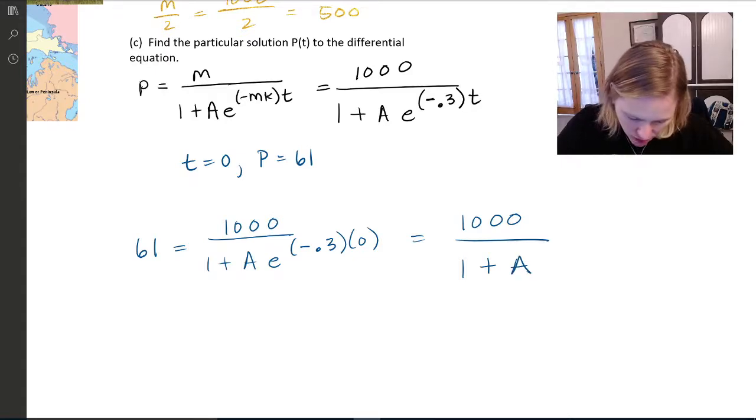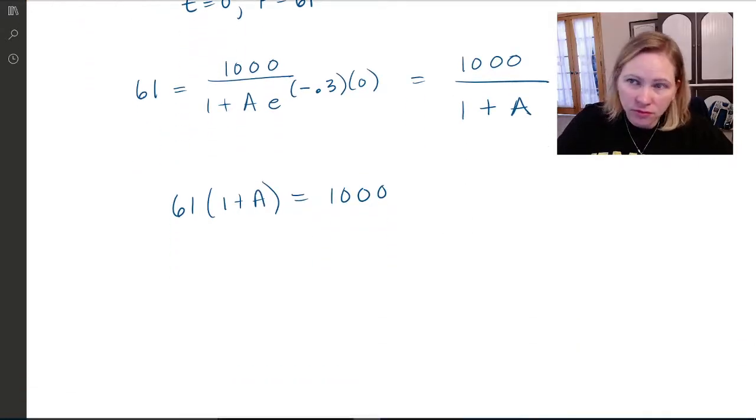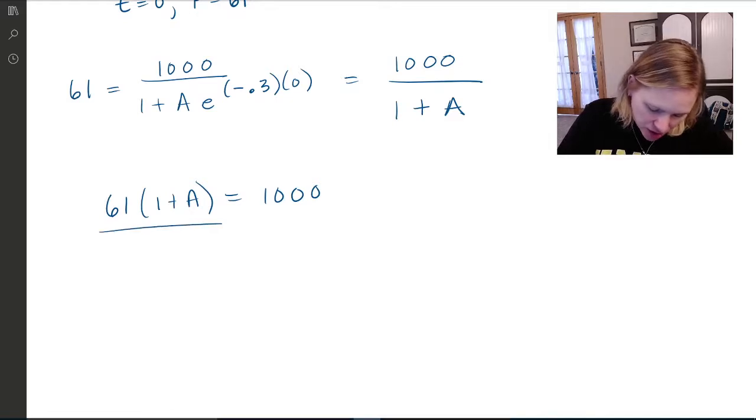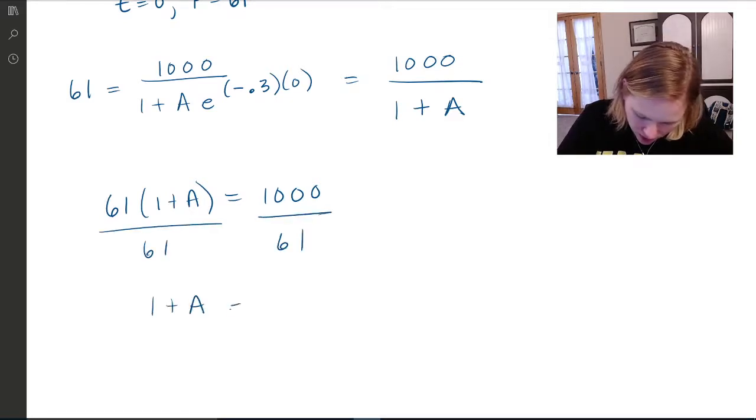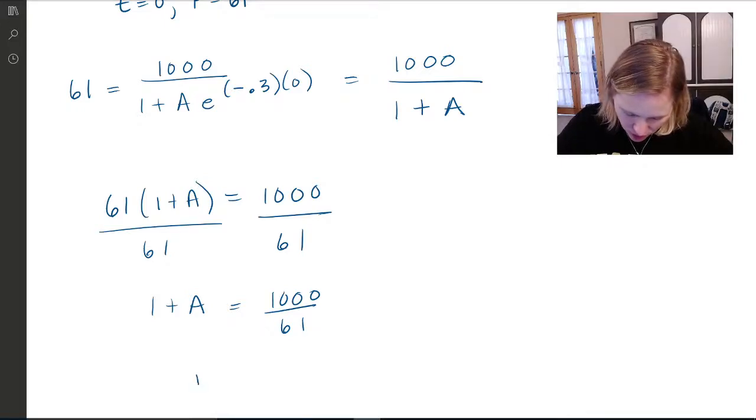Okay, that's not too bad. So now how do I solve this? Well, I'm going to multiply both sides by 1 plus A. So I get 61 times 1 plus A. I'm going to just multiply it on over and keep it in its parentheses. And then I'm going to divide by 61. 1 plus A equals 1,000 divided by 61. Okay. And then subtract 1. 1,000 over 61 minus 1.